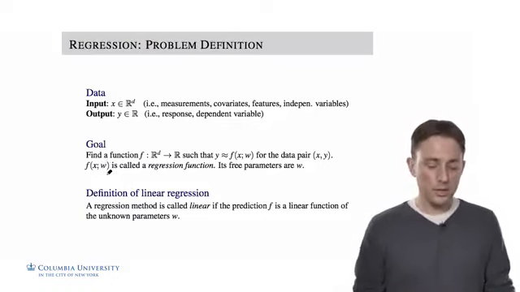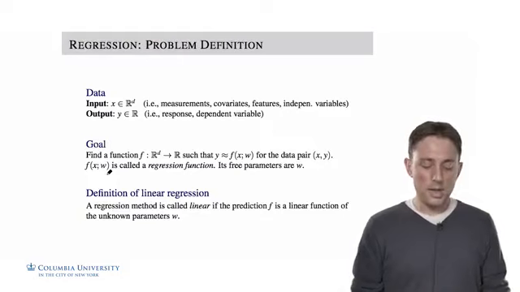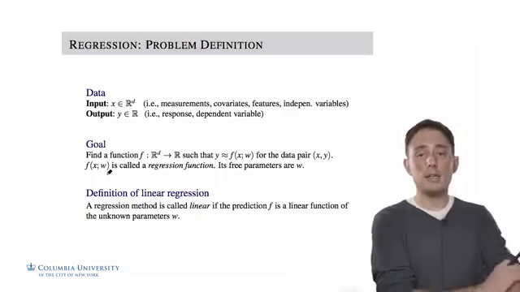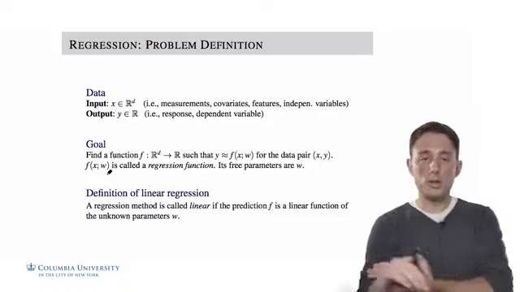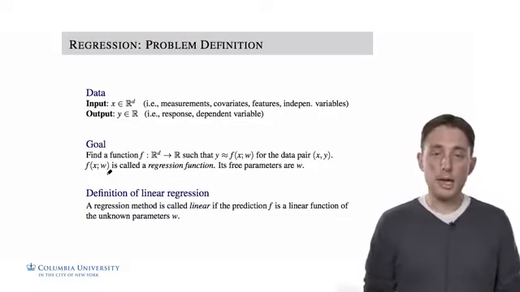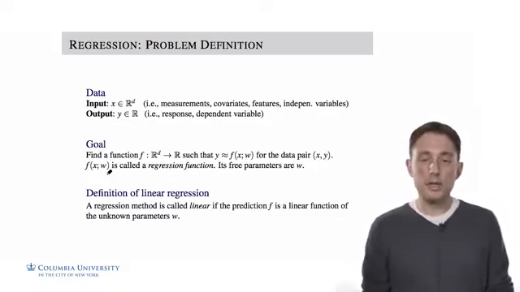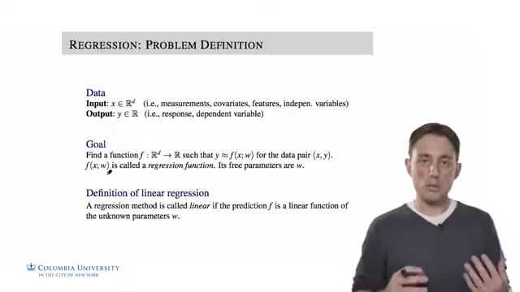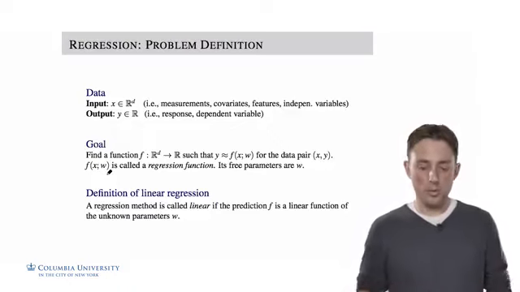So what makes this a linear regression model is that the function f is a linear function of the unknown parameters w. So we'll see later that this does not necessarily mean that it's a linear function of the covariates x. We can have nonlinear functions of x, but the values of the weights that we want to learn interact linearly with the inputs x to map to the outputs y.